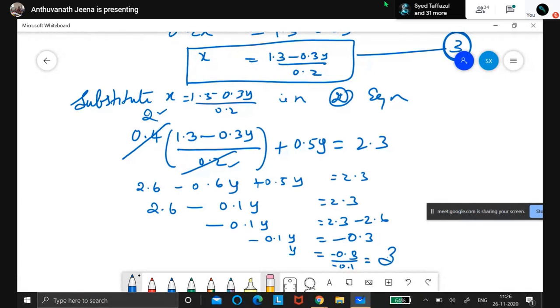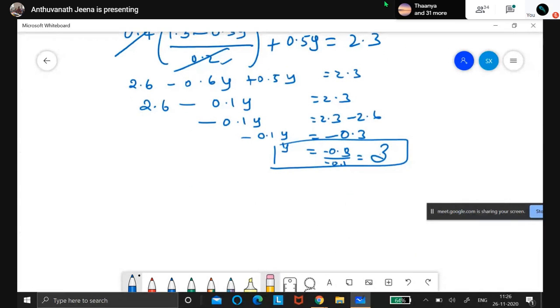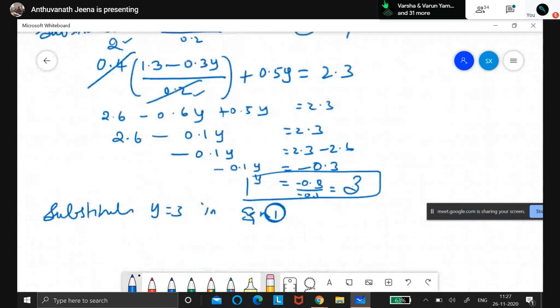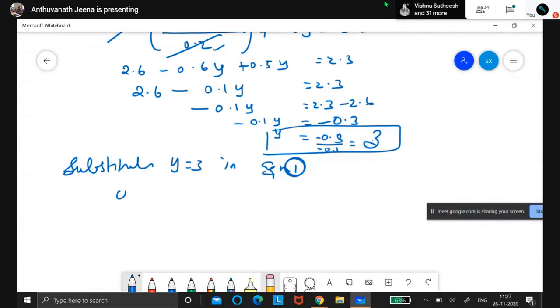After y is equal to 3 is found, what do you need to do? Substitute y in any equation, the first equation only. Third equation we will do, where it's easy.